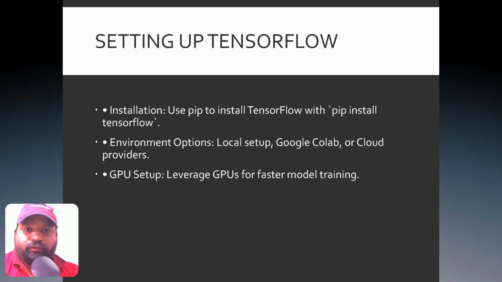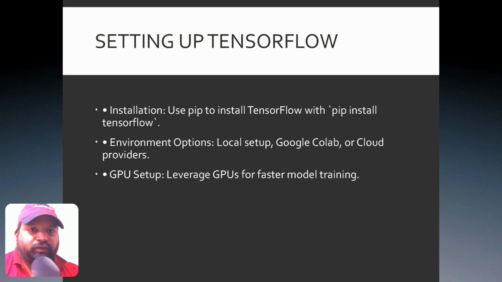You can use Google Colab. It's a free cloud Jupyter notebook service with pre-installed TensorFlow. TensorFlow is pre-installed in the Google Colab environment, and it's highly recommended for learners. And there are some cloud providers which also provide TensorFlow, like AWS, GCP, and Microsoft Azure.